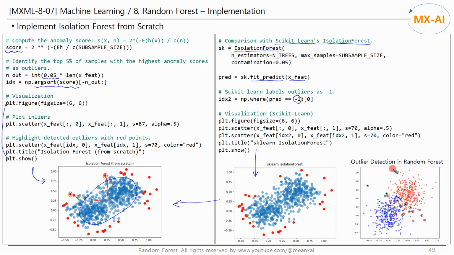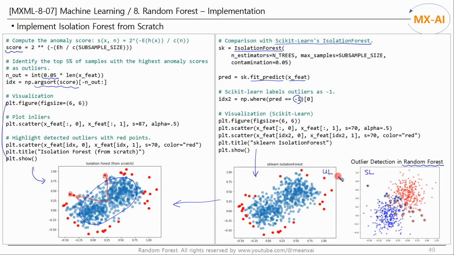For comparison, here is the outlier detection result obtained using random forest in the previous lecture. Random forest detects outliers using a supervised learning approach, while IsolationForest uses an unsupervised learning approach.